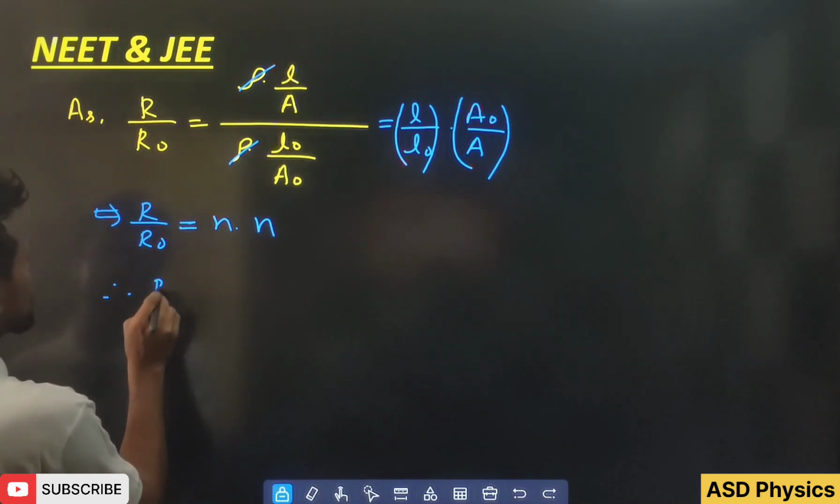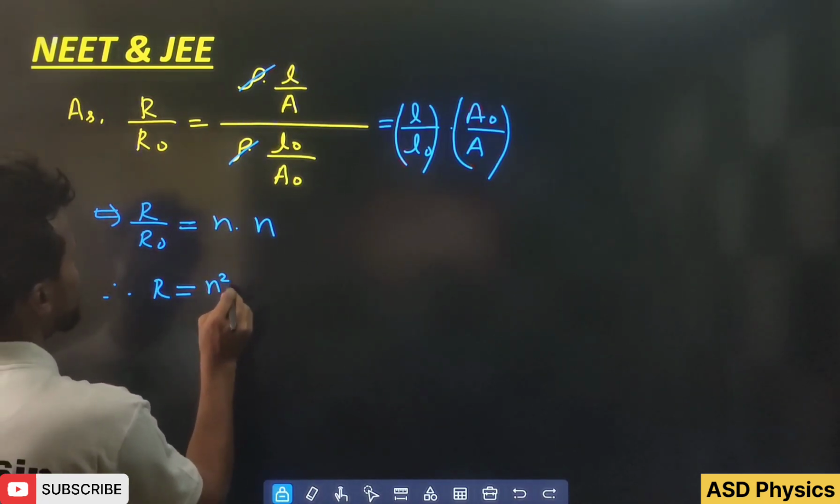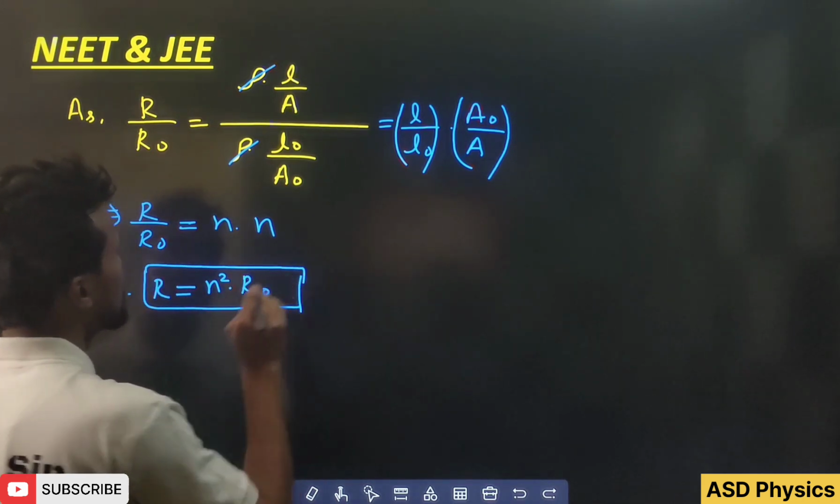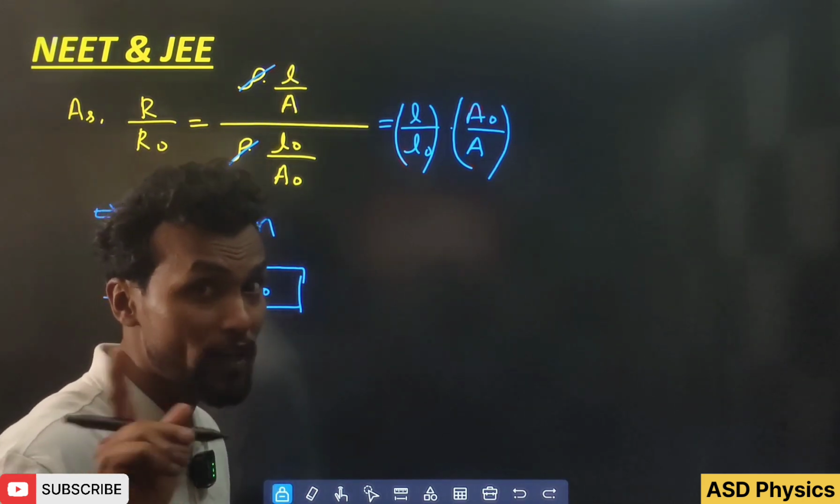So we can write that the resistance is given by n square into R0. After stretching, the resistance is going to become n square R0.